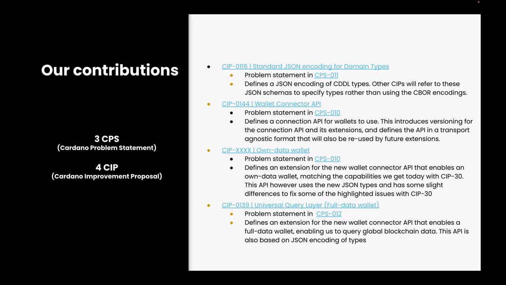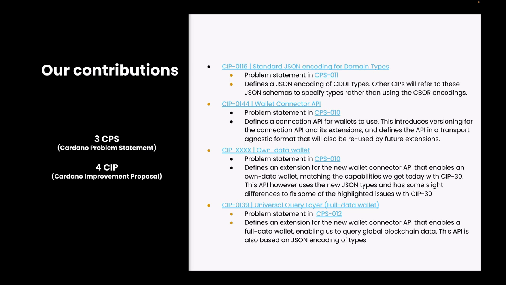Following that, we have CIP-0144, which is the wallet connector API. As I mentioned, in CIP-30 there was this issue of having both the full API and the connection API conflated into this.